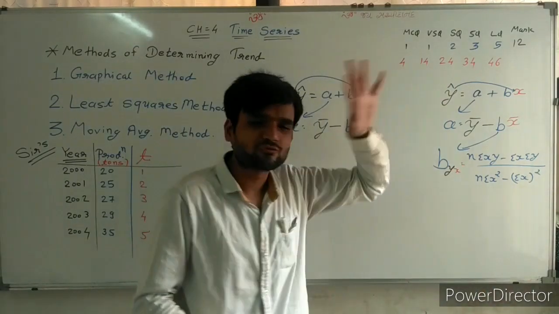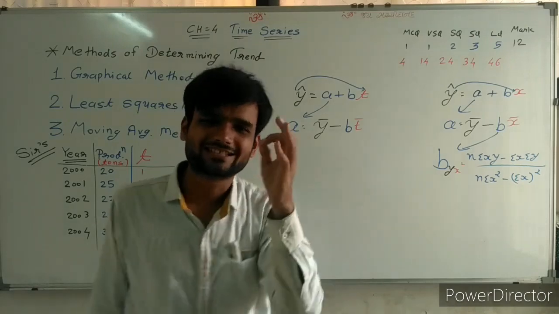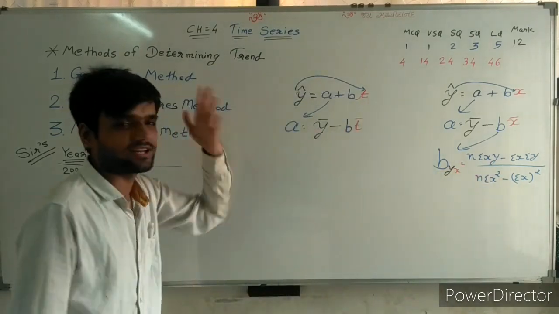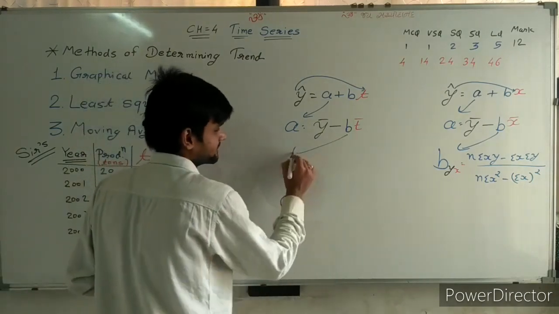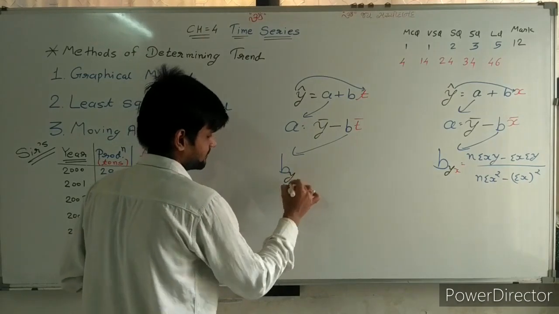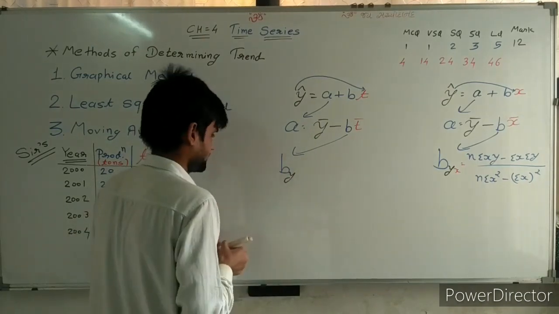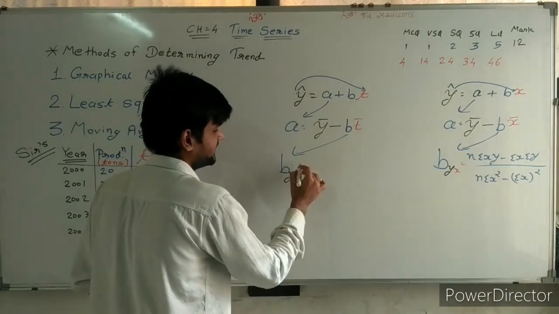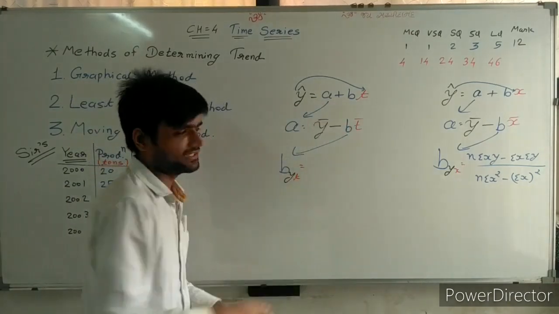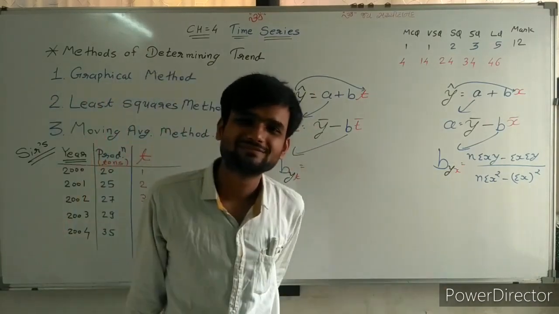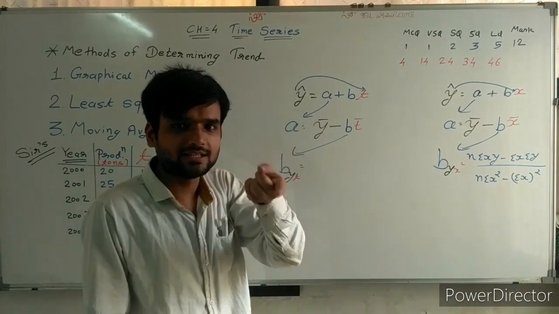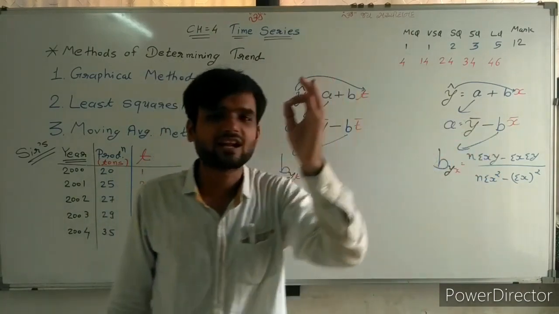Sir, this is the value of b. The same is written here for b, but here y depends on t, so we have to write y on t. No problem. The same formula is here, but instead of x, we are writing t.